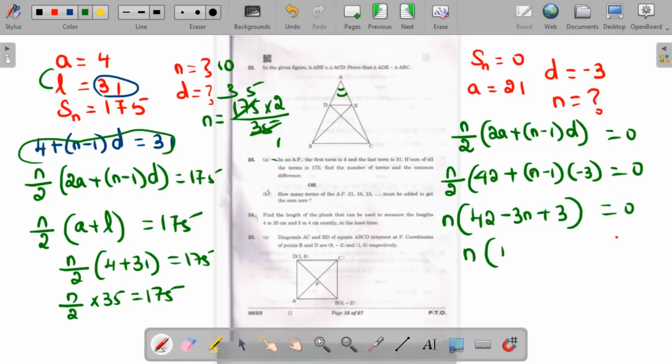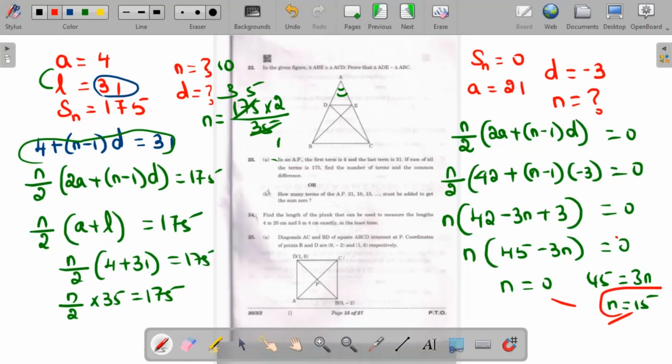So n into (45 minus 3n) is equal to 0. So this means n is equal to 0 or 45 is equal to 3n, which is actually n is equal to 15. So you have two choices, n is equal to 0 and n is equal to 15. n cannot be 0, therefore n is equal to 15.